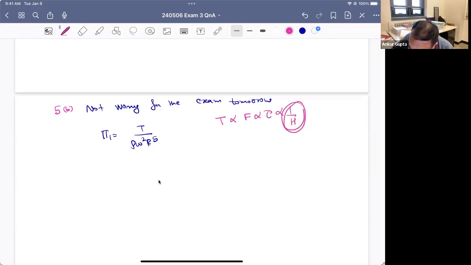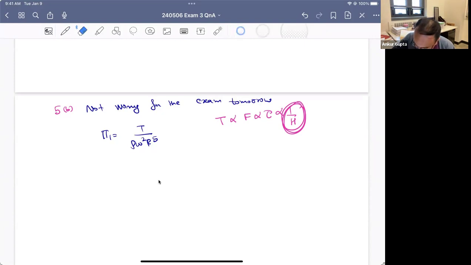That was the key idea. We need to have an inverse relationship with the height. If I keep making the height smaller and smaller, the shear stress is going to go higher and higher, and that will change the force and the torque. So that's why we want 1 by h dependence.